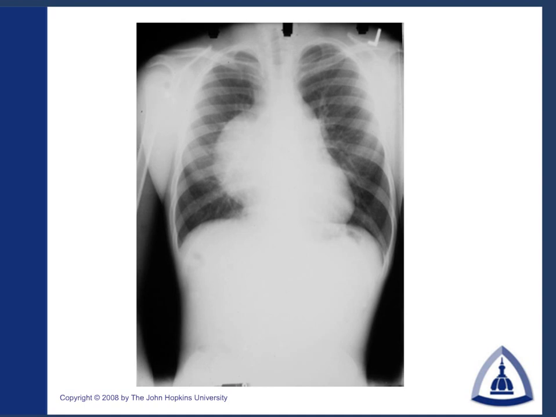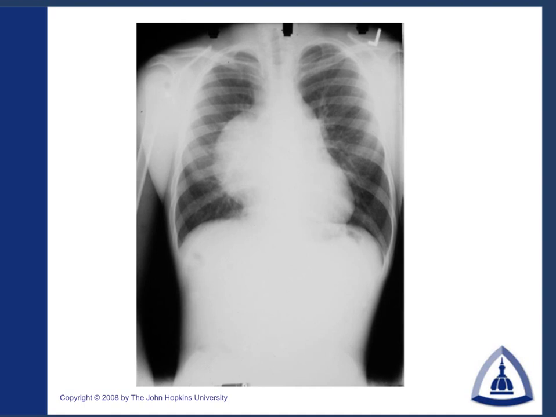This is a large mass that does not have that acute angle sign that we saw before. This angle is more than 90 degrees, so an obtuse angle. That suggests that this process is involving the pleura, either peripherally, which it would show up if the mass was peripheral here, or in the mediastinum, like this mass is.